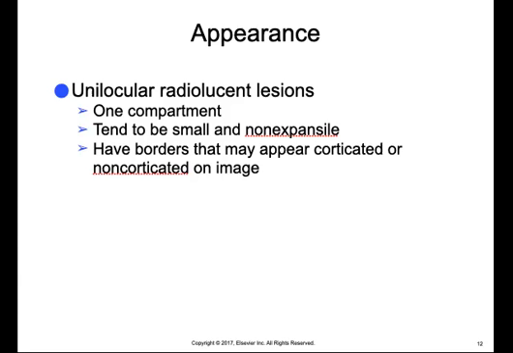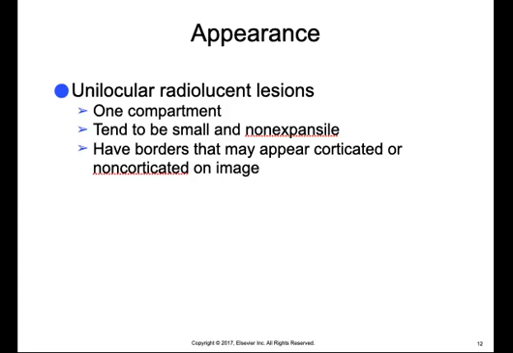Unilocular radiolucent lesions have one compartment, because the term unilocular is derived from two Latin words. Uni means one, and loculus means a small space or compartment. And it refers to a radiolucent lesion that exhibits one compartment.